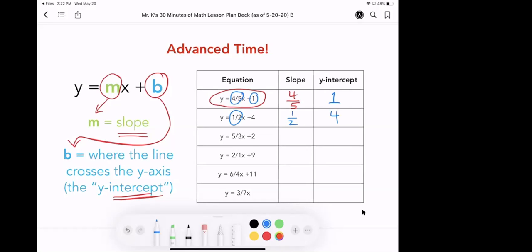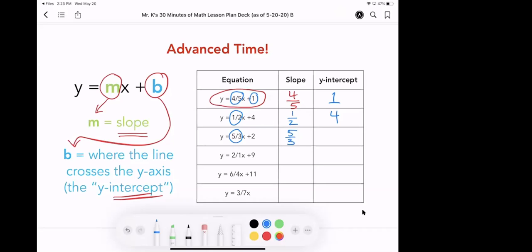That's where it's going to cross the y-axis. All right, next one. Y equals 5/3 x plus 2. What's the slope? What would the rise over run of this line be? That's right, 5/3. So this line is going to rise 5 and run 3.